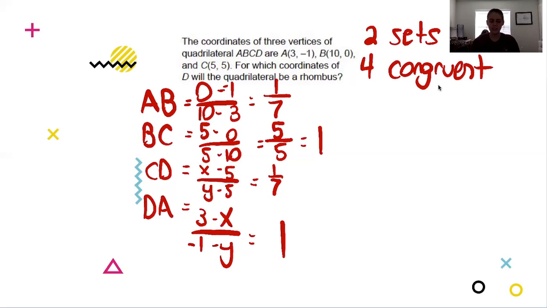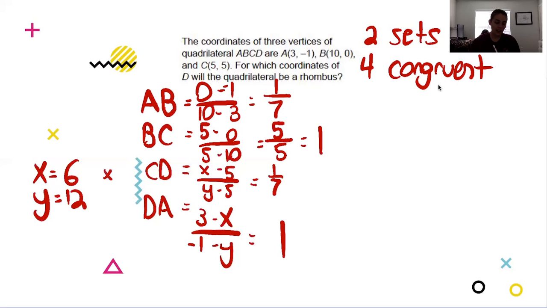So for CD, if I want a 1, then I would define that as x equals 6. If I want a 7 at the bottom, that would be 12. However, what could also give me 1/7 is if the top was -1 and the bottom was -7.